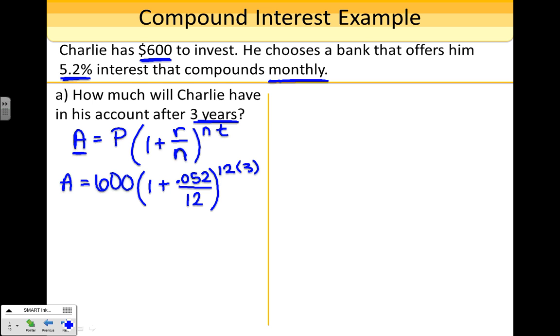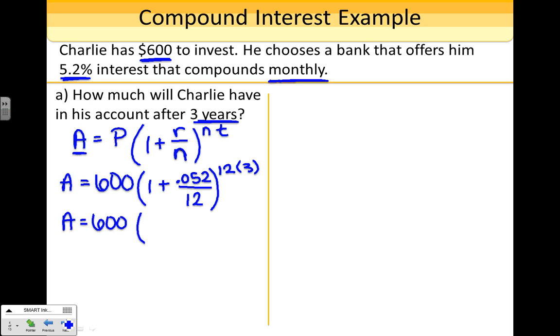Okay. So we're going to go ahead and plug that into the calculator. Please make sure, these problems are extremely important, that you follow your order of operations. So do what's inside the parentheses first. 0.052 divided by 12 is 0.0043.